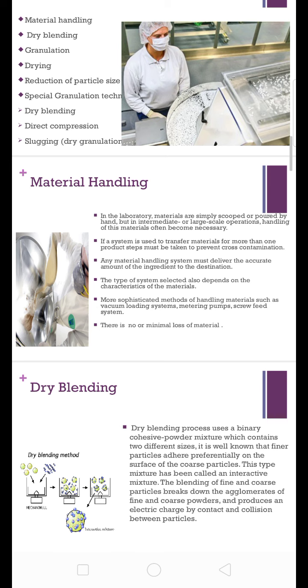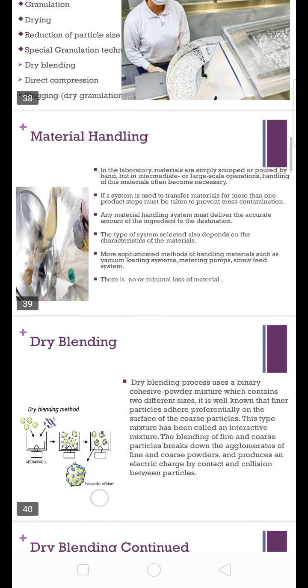There is a problem of cross contamination if we have not handled the material properly. Any system must deliver the accurate amount of ingredient to the destination, meaning the given apparatus. It must deliver the accurate amount of material. And the type of system depends on the characteristics of the material.